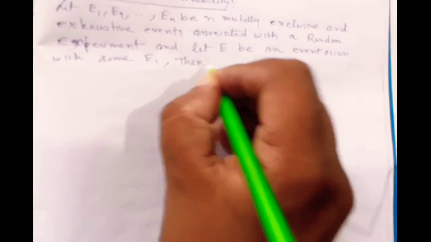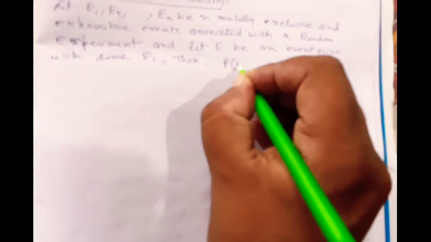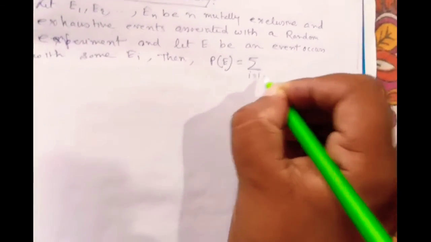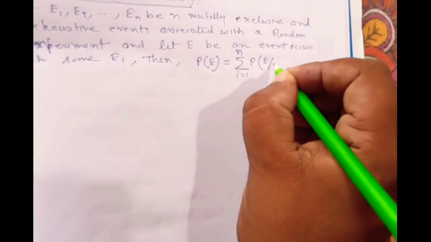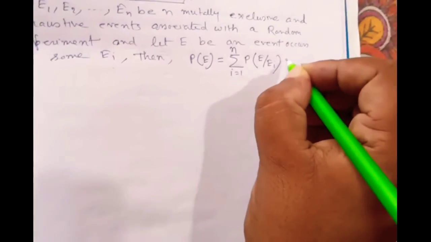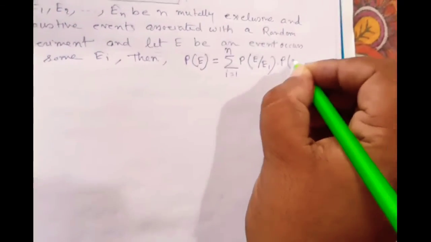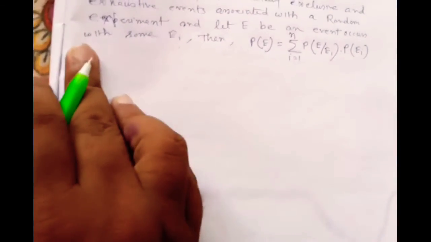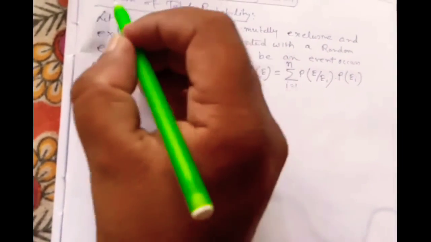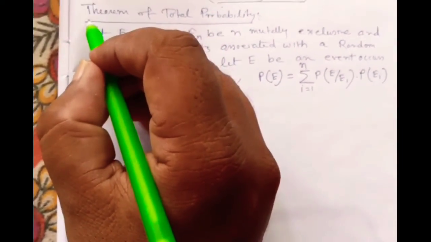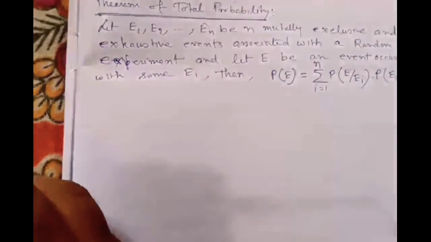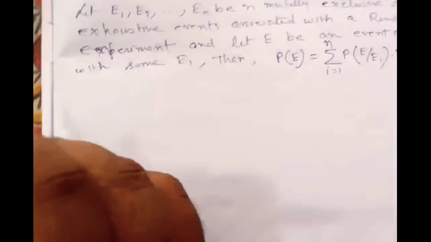Then P of E equals summation i equal to 1 to n P of E by Ei into P of Ei. Okay. So this is the theorem of total probability. Hope you are able to see it. Okay.